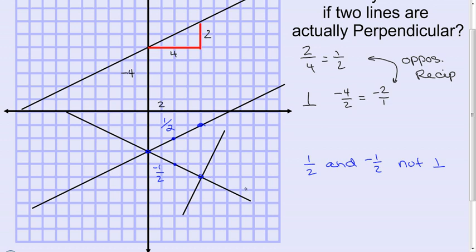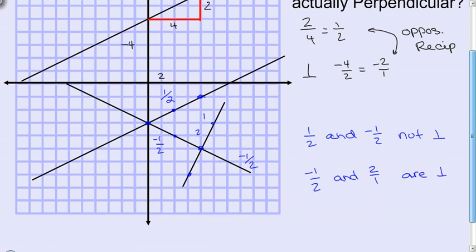If we look at these two, though, we said that this one has a slope of -1/2. This one has a slope of what appears to be up 2/1. So -1/2 and 2/1 are perpendicular. They are opposites and reciprocals.